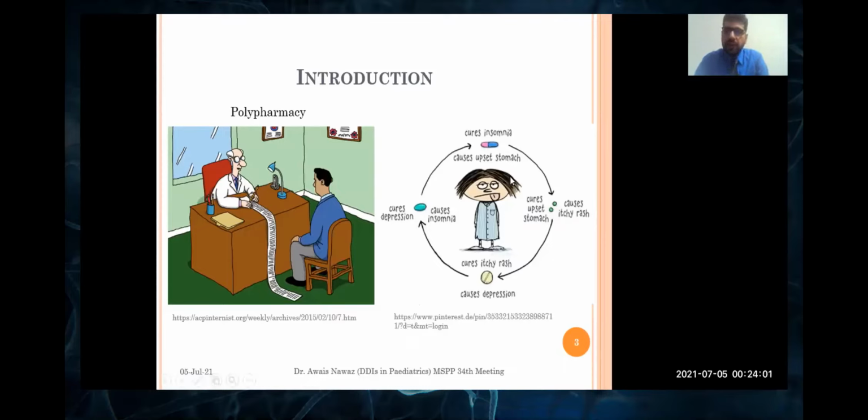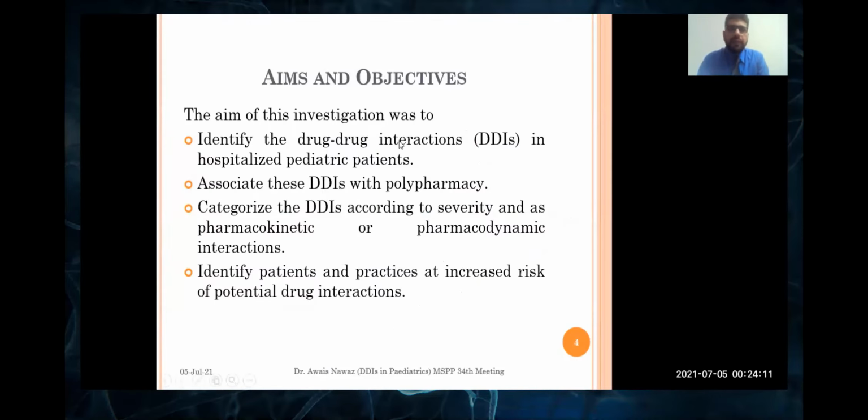The ultimate problem that happens afterward is the uneasiness of the patient and less trust in the medication system. So the aims and objectives of this investigation were to identify the drug-drug interactions in hospitalized patients, specifically pediatric patients. We want to also associate these drug-drug interactions with polypharmacy, the number of medications co-prescribed within the same prescription.